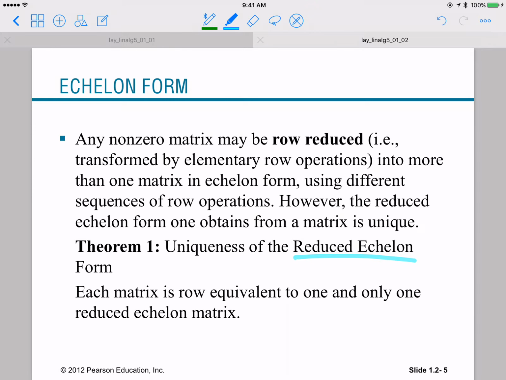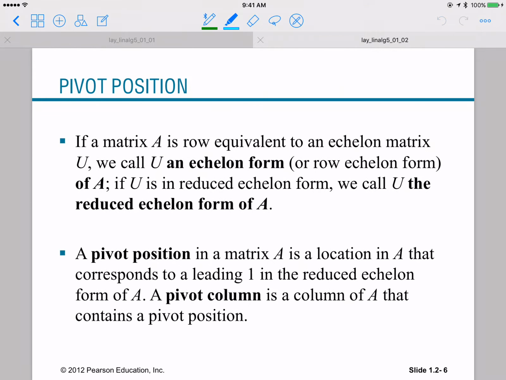So again, reduced echelon form is unique given a particular matrix A, but the echelon form is not unique, though the echelon form will always exist. Another thing you have to keep in mind: is it possible that you cannot change a matrix into echelon form?